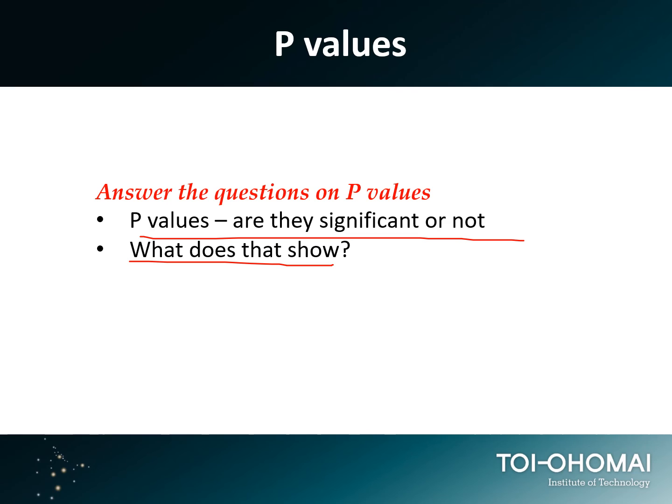That doesn't say as much to your reader as saying, if P is greater than alpha, we did not find a statistically significant difference in lung capacity between women who smoke and women who don't smoke. That tells a lot more to the reader than just saying we failed to reject the null hypothesis. Then they have to go back and read and figure out what the null hypothesis was and all.